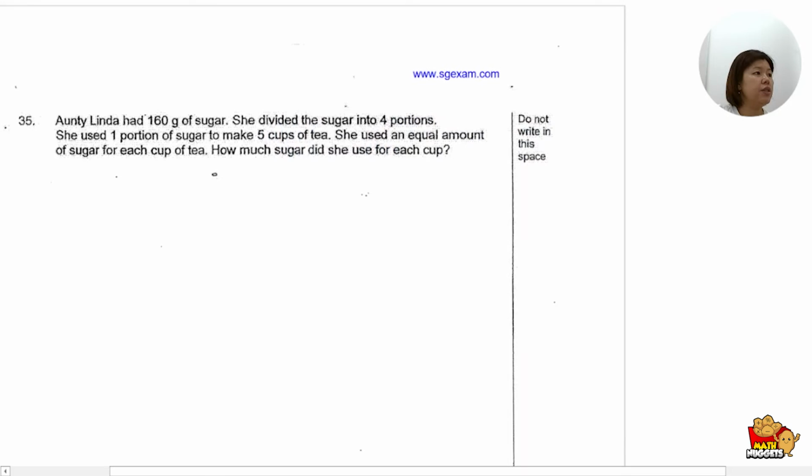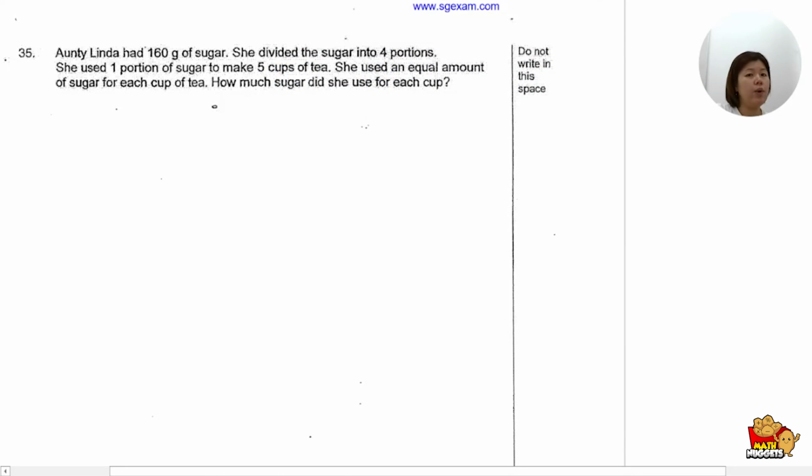Okay, next question. Auntie Linda had 160 grams of sugar. She divided the sugar into 4 portions. She used 1 portion to make 5 cups of tea. And then she used an equal amount of sugar for each cup of tea. So you are finding the amount of sugar for each cup.